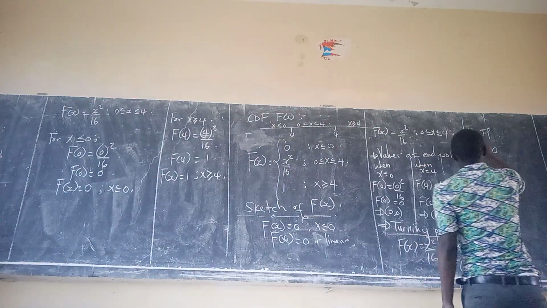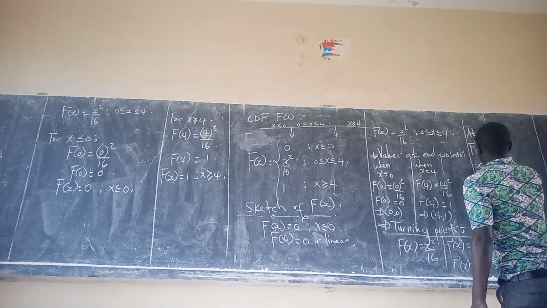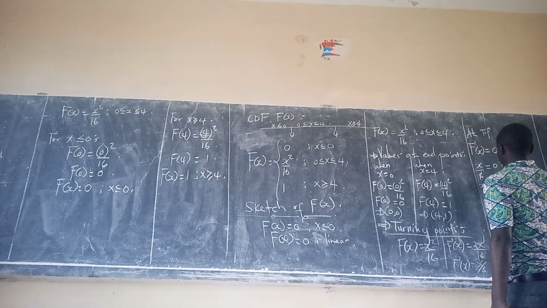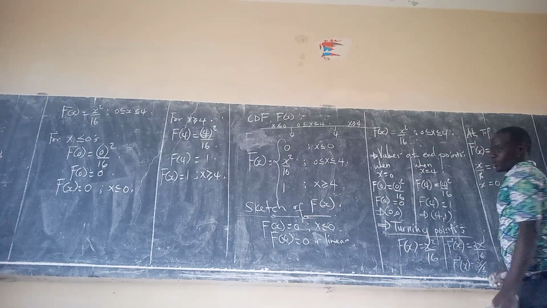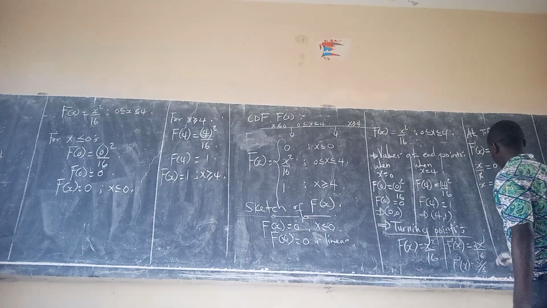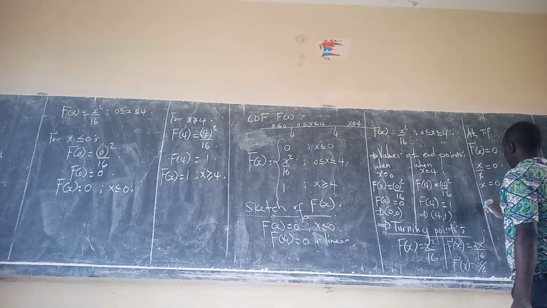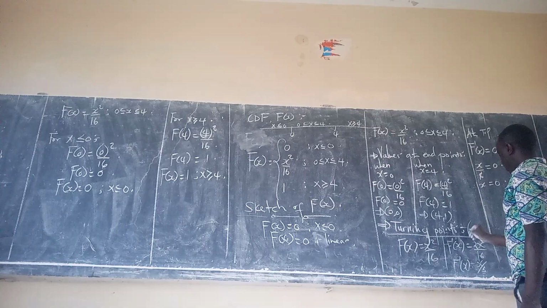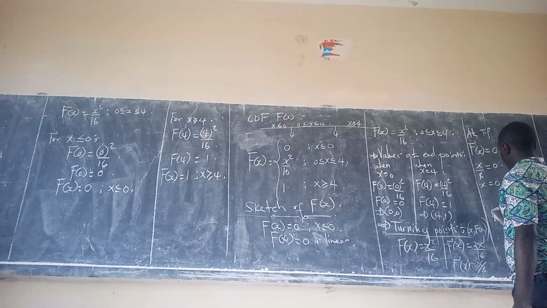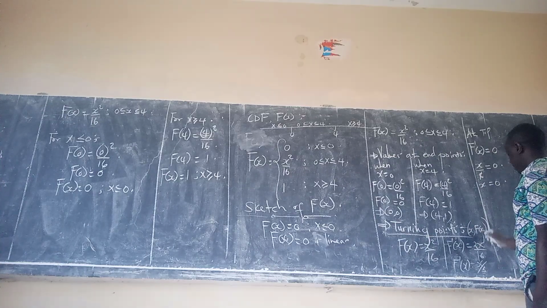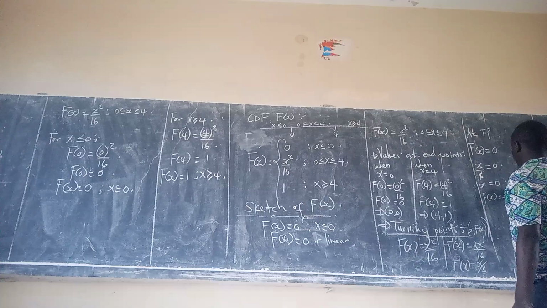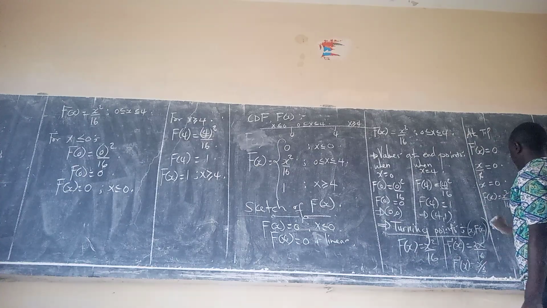Now, where there is F prime of x, remove it and put x over 8 is equal to 0, and your x will be 0. Because we need the turning point, this time our coordinates are going to be in the form x, comma, capital F of x. So our capital F of x is x squared over 16.